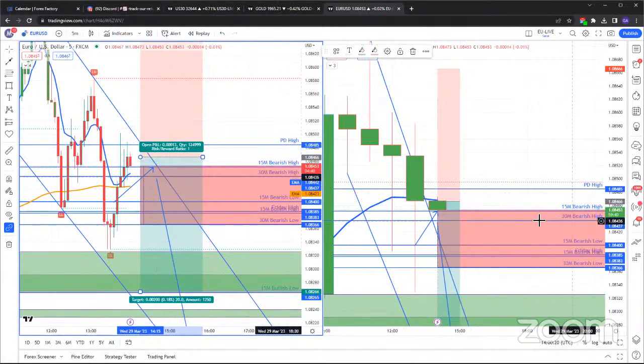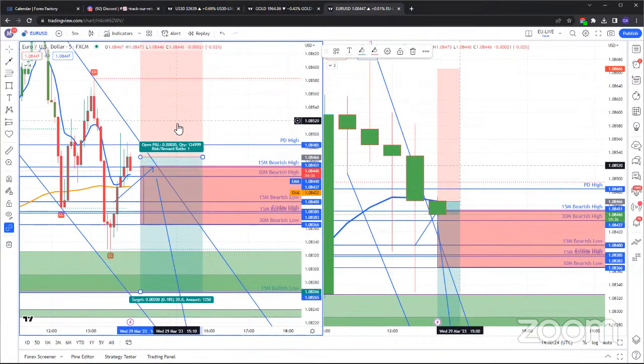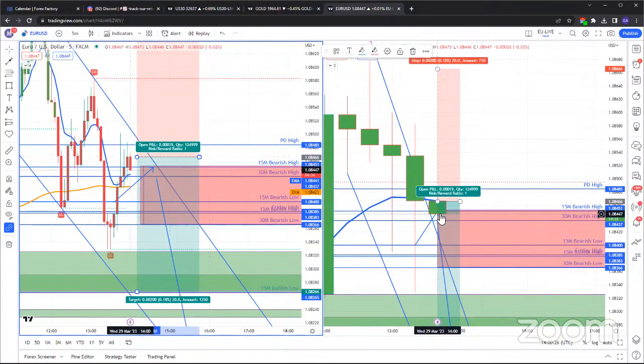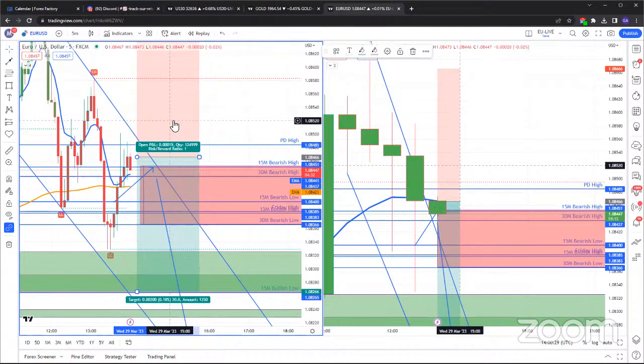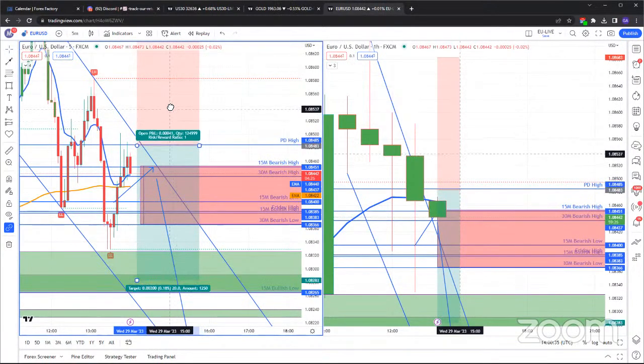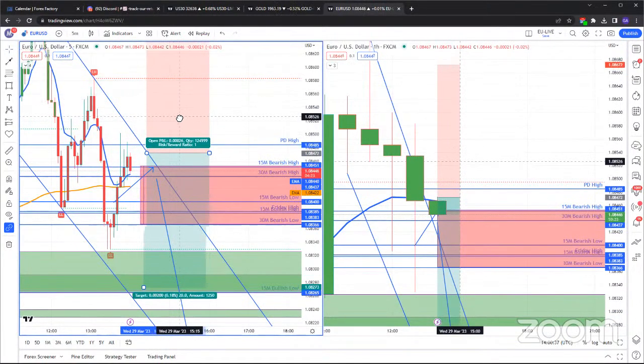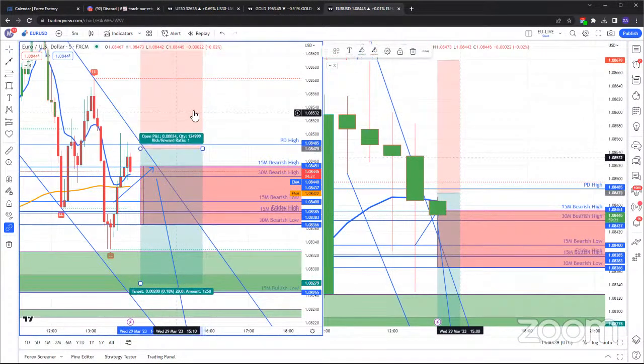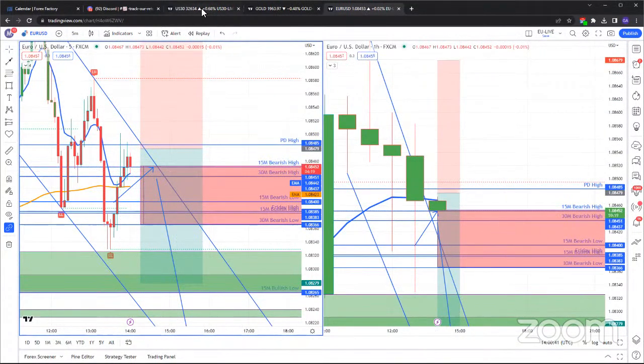So we had a perfect test of the 9 EMA. I want this candle to close. Yesterday, for this particular trade on US30 at 11, we did enter on impulse. But again, I would rather wait for a better entry on the retest of the trend line. So whether it happens here, this trend line ideally should be good to hold.